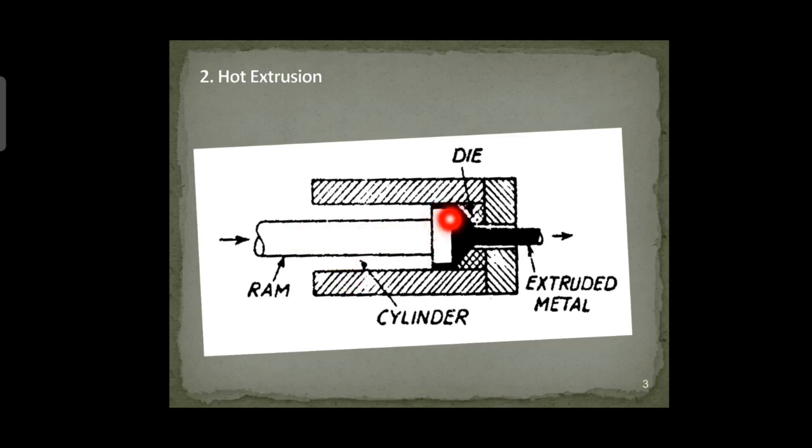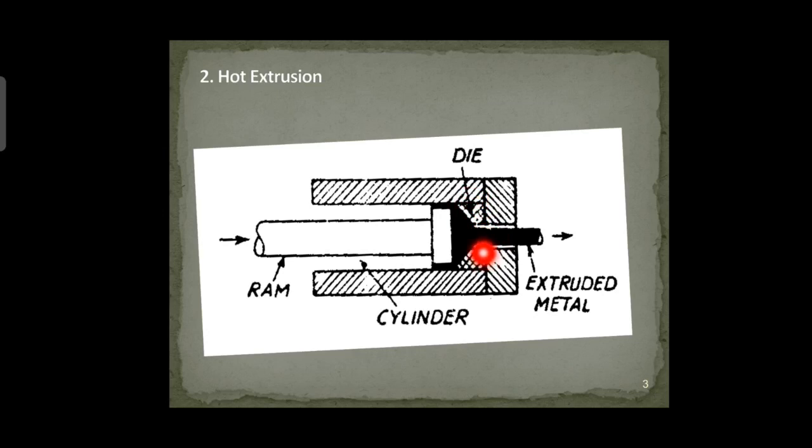After the ram, you can see the metal is placed here. It may be a metal billet, this black colored one. At the end of the container, which is open ended, there is a die, like an open shell, like a hollow circular member.